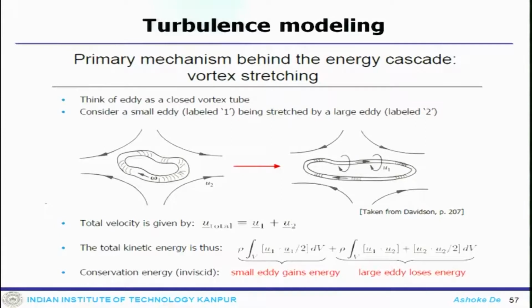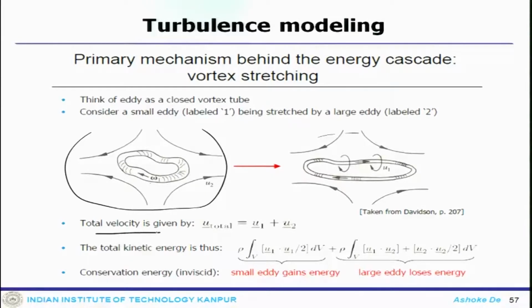Now, what is the primary mechanism? The primary mechanism behind this energy cascading process is the vortex stretching mechanism. Think about a closed vortex tube like the one shown here, with a small vortex labeled W1 which is stretched in this condition, and then this loses.